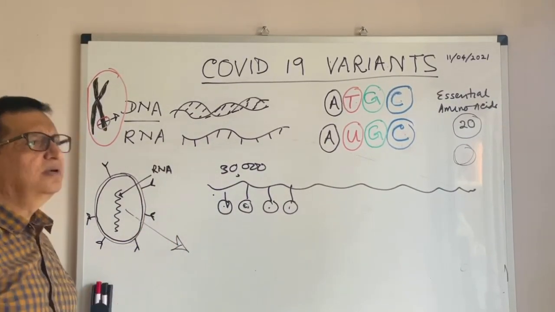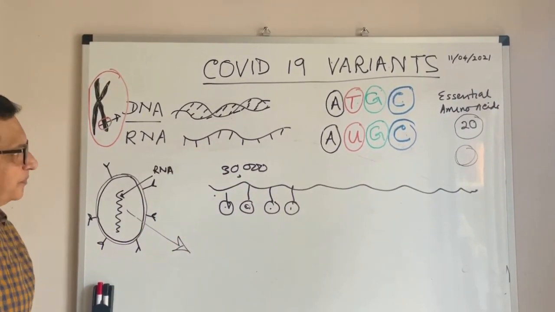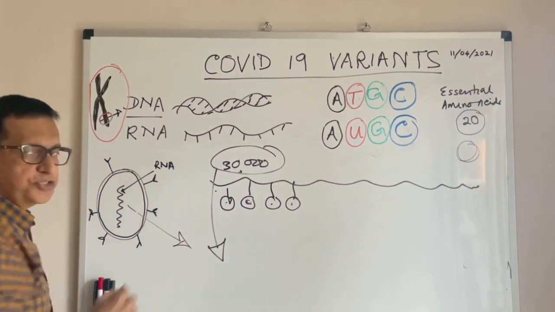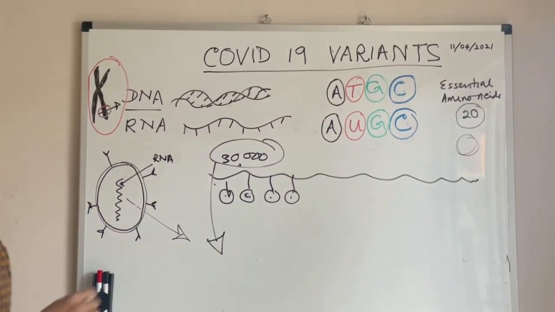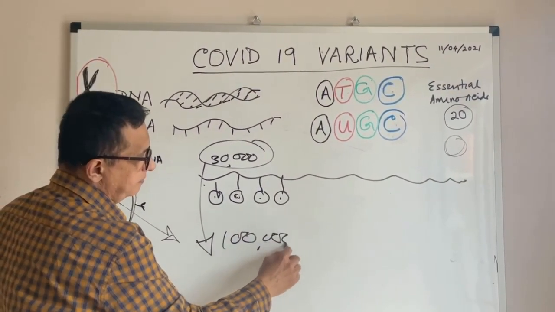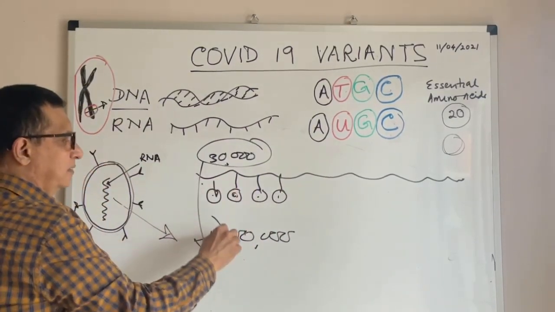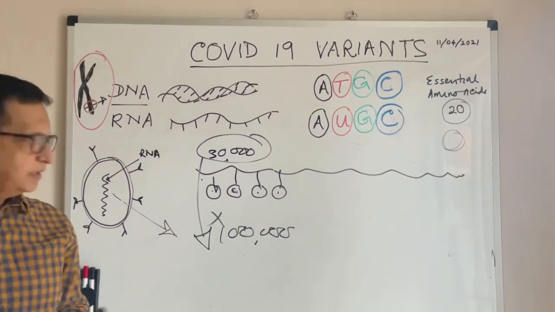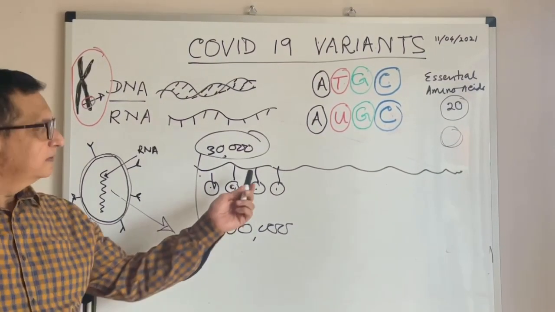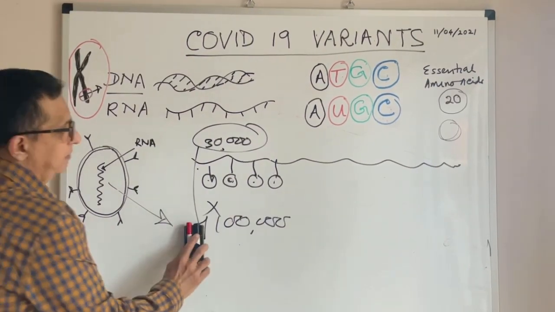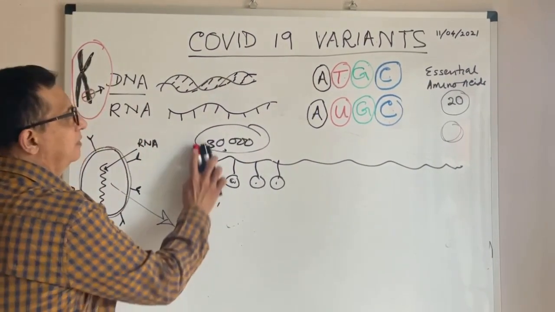It's quite a small genome. For an example, if we compare this with our human genome, it is 100,000 times this. So in comparison to the human genome, the COVID-19 viral genome is a very small, simple genome.